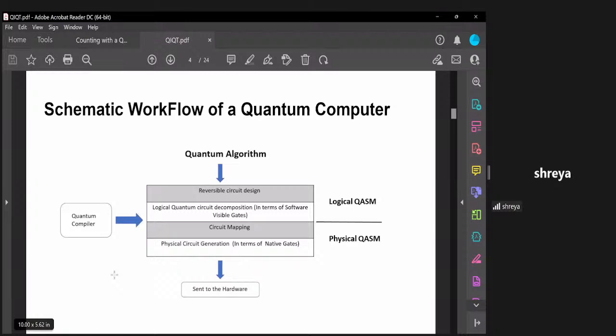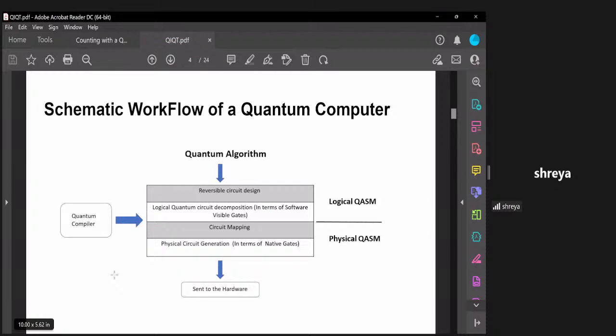Then you need to decompose that circuit in terms of the particular hardware you are going to use, but on a user level. When I say user level, what I mean is that the physical hardware has multiple layers, and the first layer that we can see and usually use is the user level.